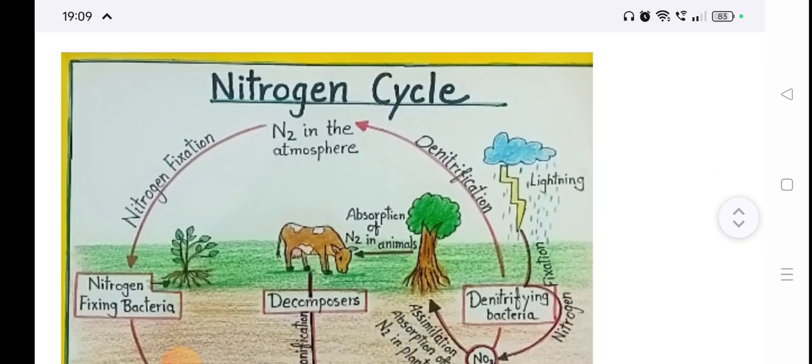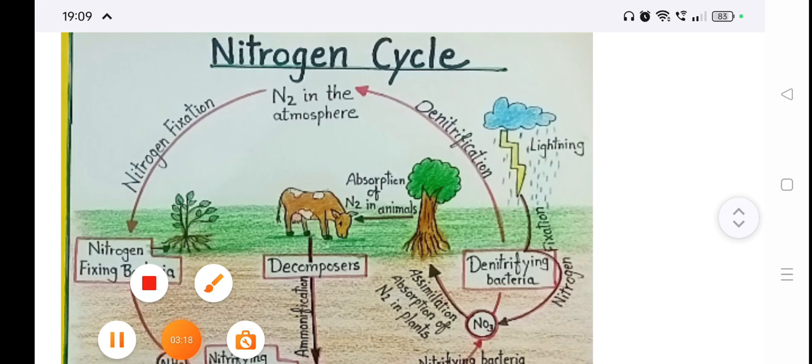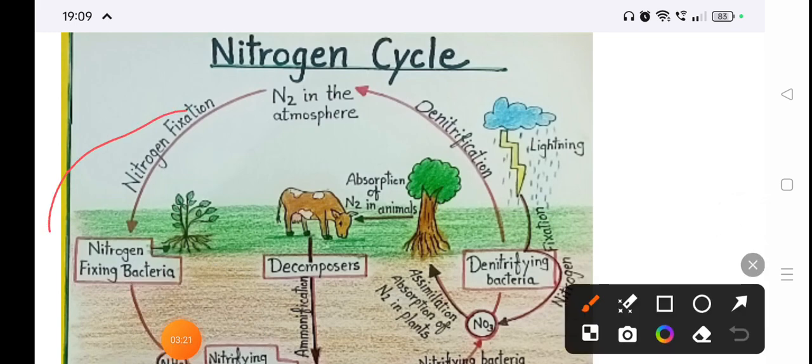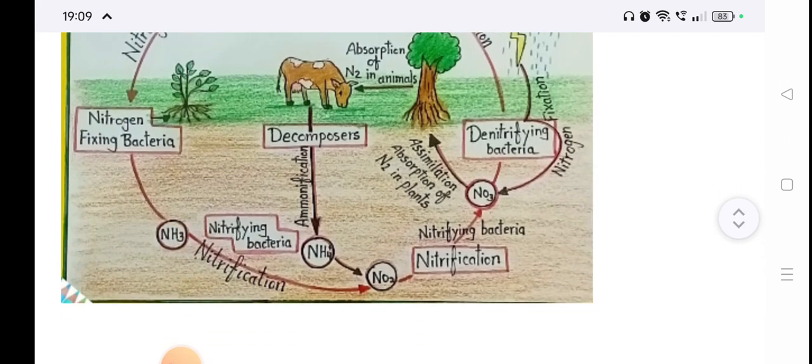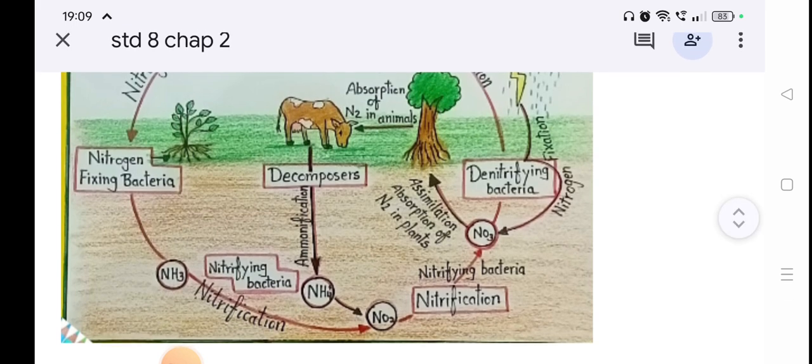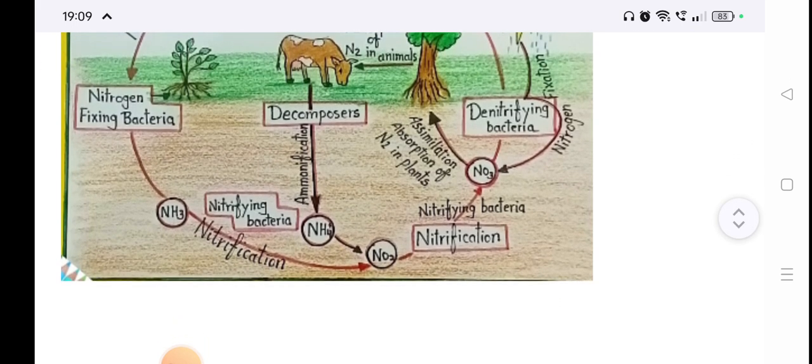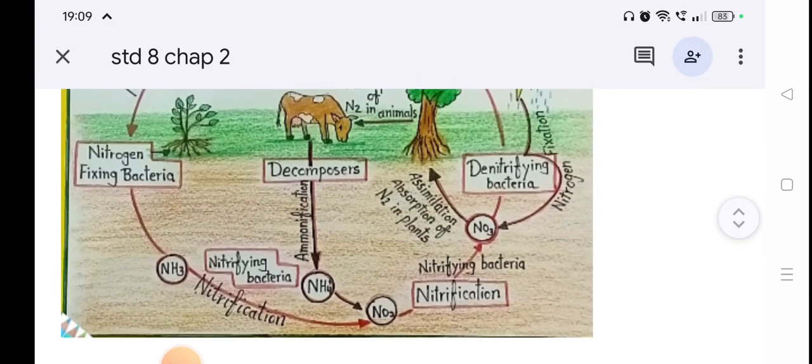Okay, so nitrogen fixation in the soil, and the roots of the plant get nitrogen fixing bacteria. Then this NH3, by nitrification bacteria, goes to NO2.